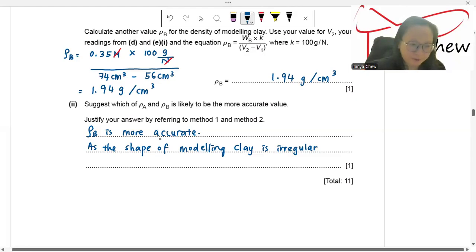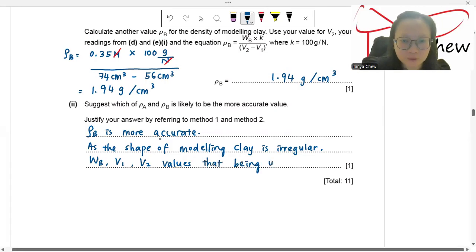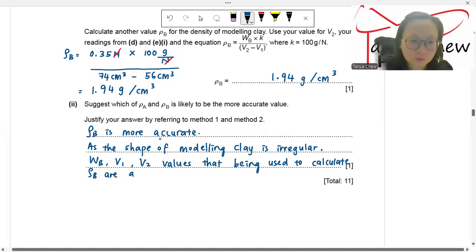And WB, V1, V2 values that are being used to calculate rho B are all being measured by apparatus.